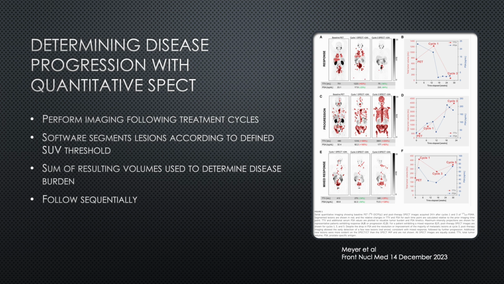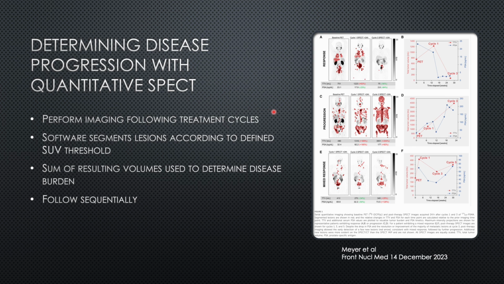Using these images, they used software to segment lesions according to a predefined SUV threshold. By summing up these resulting volumes, they were able to determine the disease burden at each cycle. And of course, they could then follow these sequentially through each cycle.